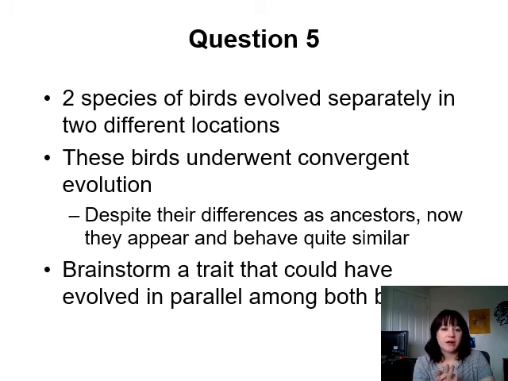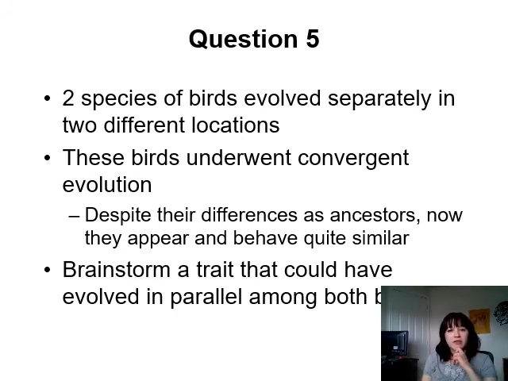So let's do another problem. Two species of birds evolved separately in two different locations, right? And they underwent convergent evolution. So despite their differences as ancestors, they now appear and behave quite similar. Right? Think about what could be some traits that could be evolved in parallel among both birds.